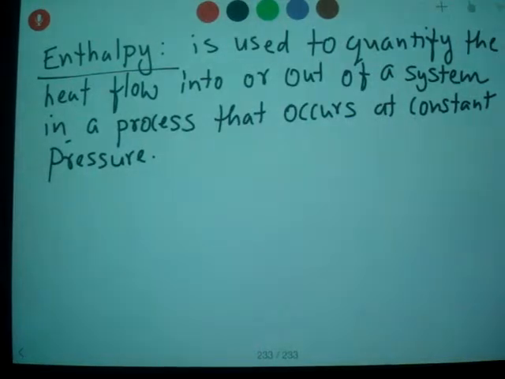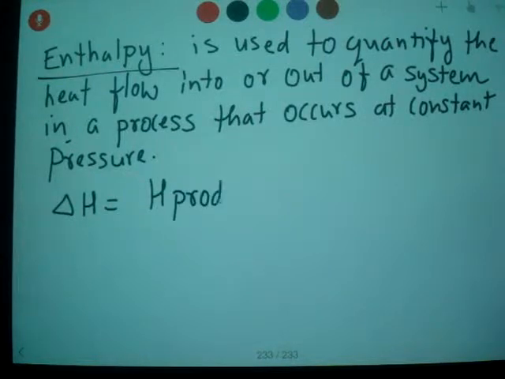And we define enthalpy change, delta H, as H of products minus H of reactants.